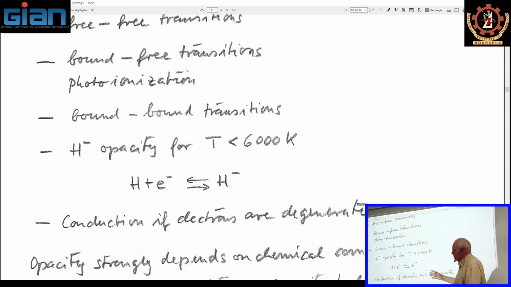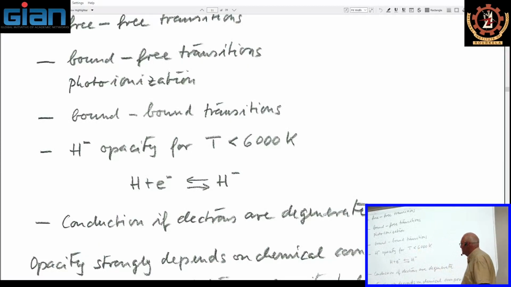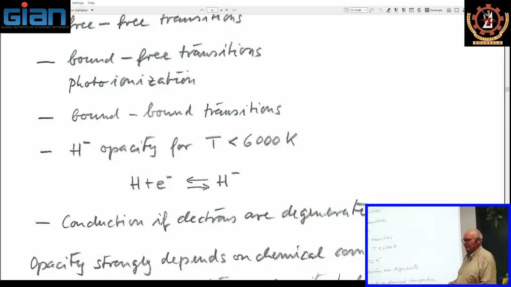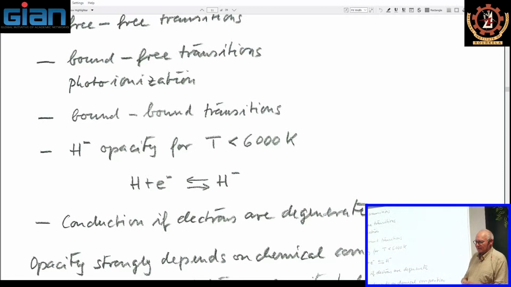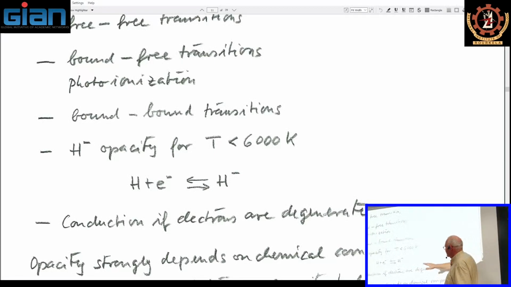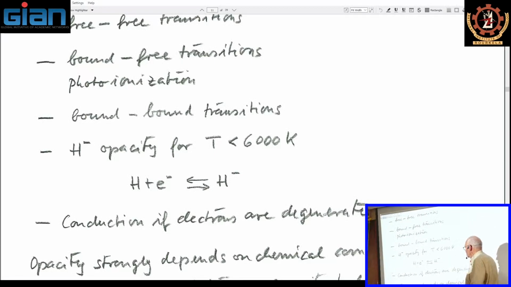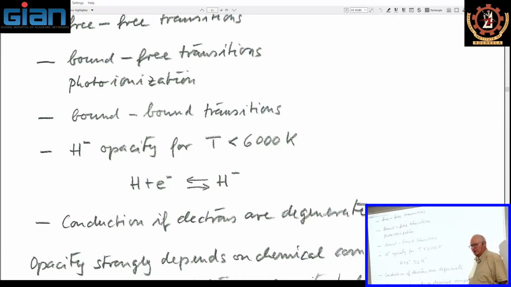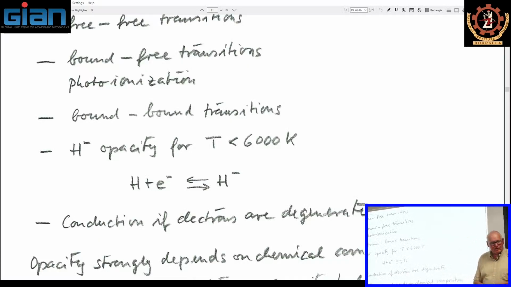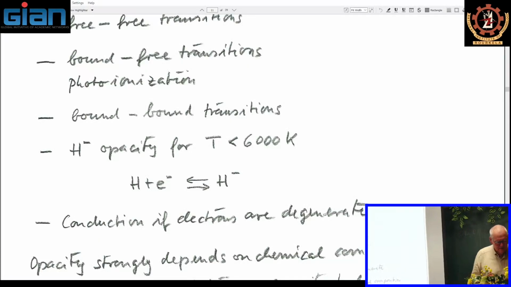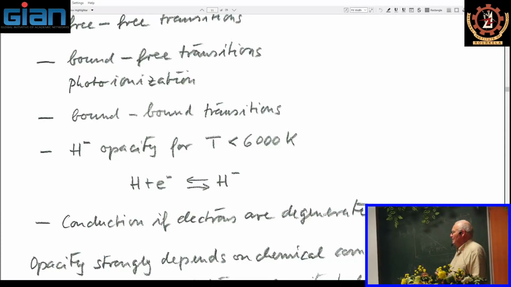This is an equilibrium reaction, so it can go both ways, but it consumes energy from the radiation field, and in this way it can contribute to the opacity. So this process also contributes to opacity, but it's significant only at very low temperatures. And of course, for completeness, I have to add here the conduction.